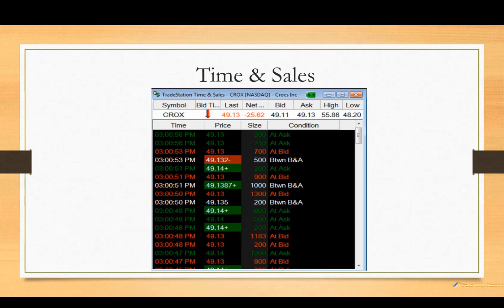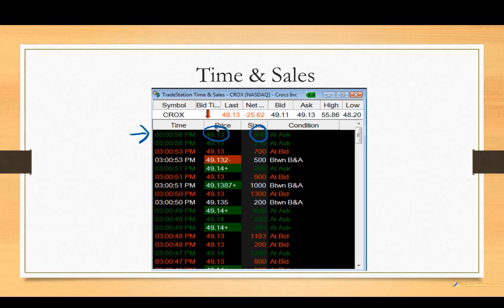So here is a time in sales window. So you can see here, let's look at the very first transaction. So you can see here, we have the time and then we have the price. So you can see here a stock, so we're looking at CROX, which is Crocs. You can actually see that someone bought 300 shares of Crocs at $49.13.